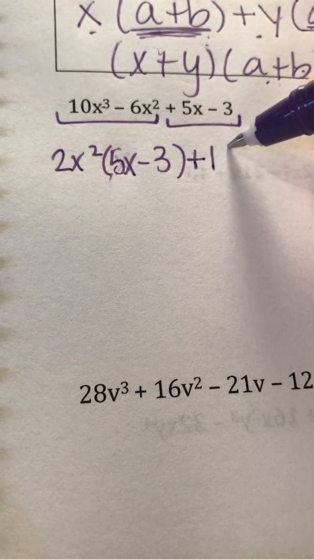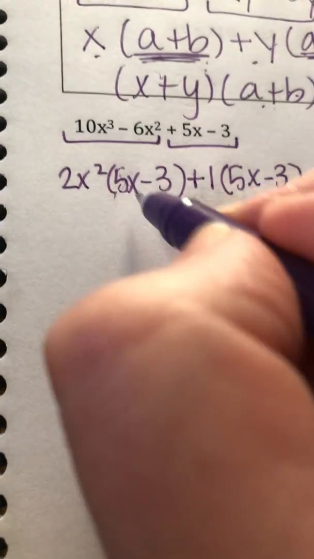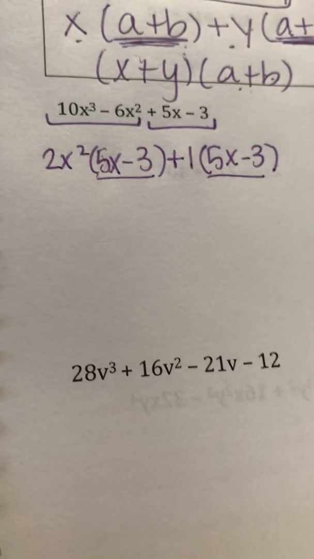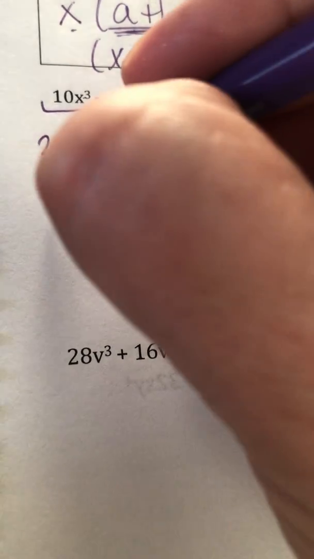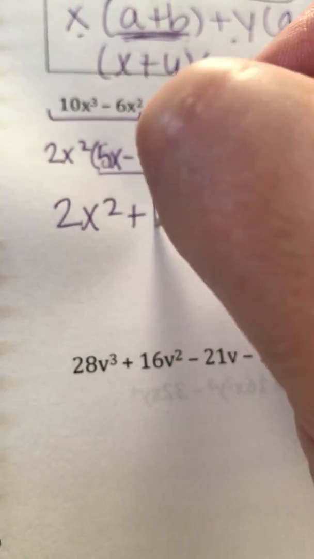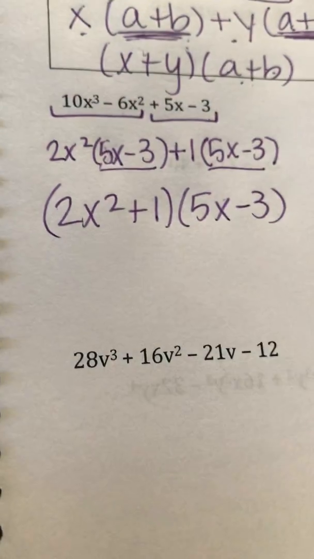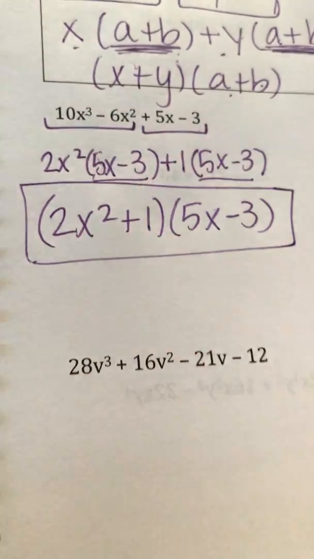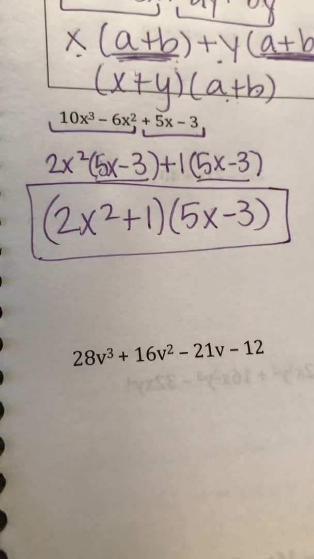And then what I have left is 5x minus 3. And that seems to work because these 2 match. So then I put my 2 binomials together here, 2x squared plus 1, 5x minus 3. And these are the 2 factors for this polynomial.